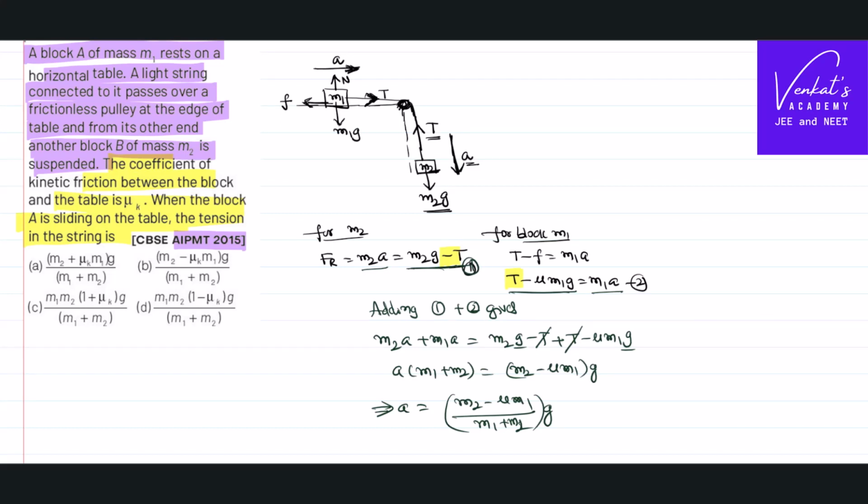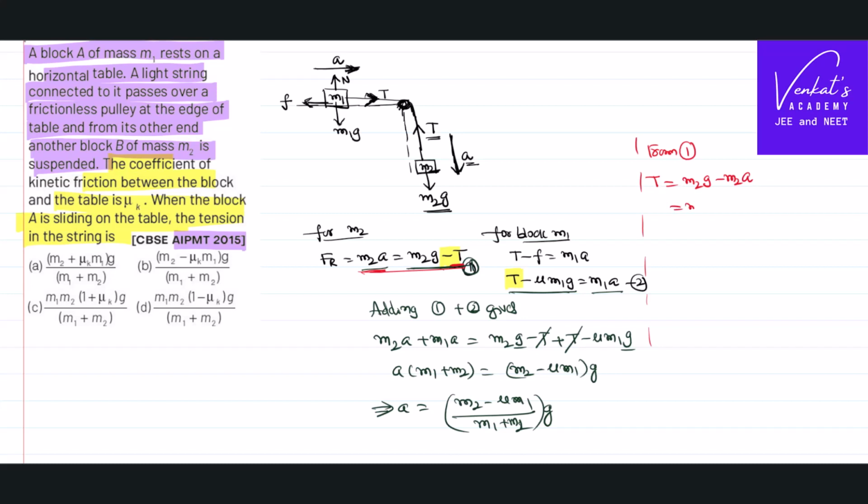So what we can say? From equation number 1, M2A equal to M2G minus tension. So tension becomes, take this tension to the other side and get this M2 to the other side. Tension equal to M2G minus M2A.